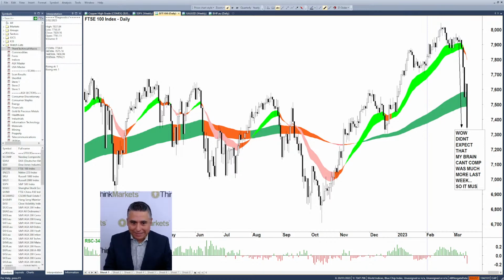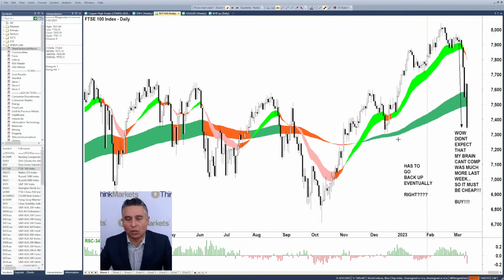Therefore, it must be cheap. It has to go back up eventually. Surely I can't lose. If I hold on long enough, this thing will go back up. Maybe, probably. I don't know, because I don't know what's going to happen next.